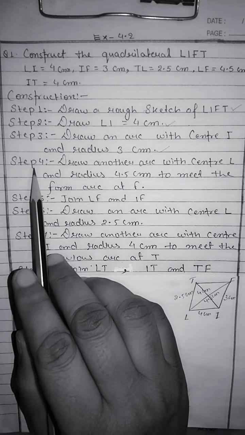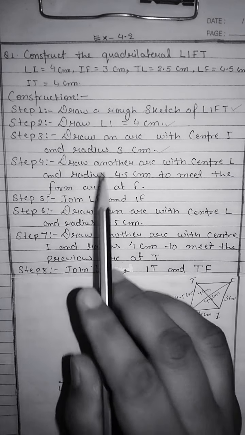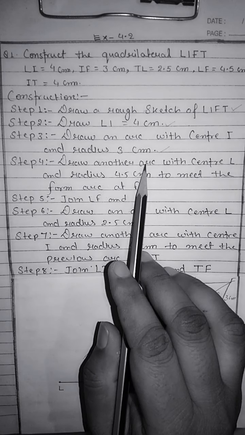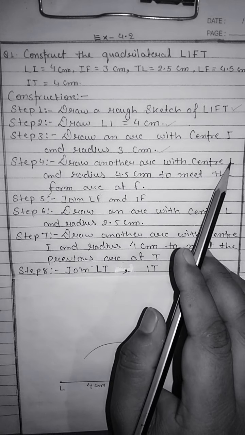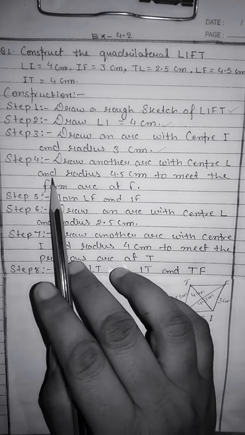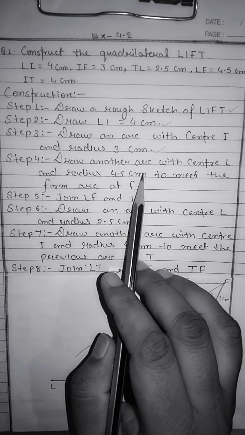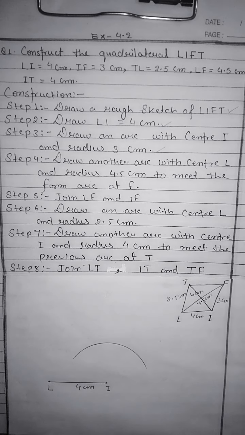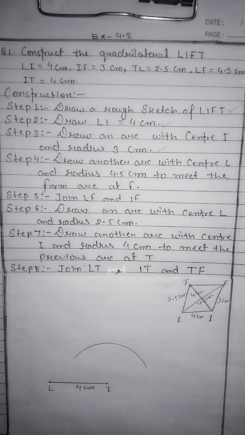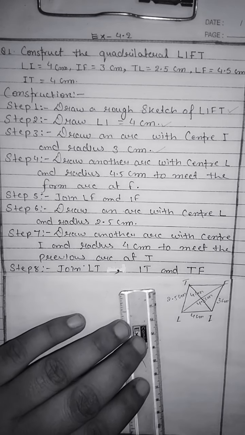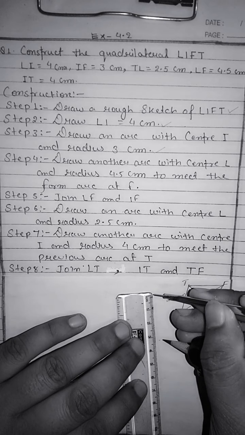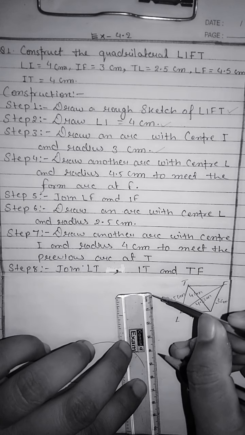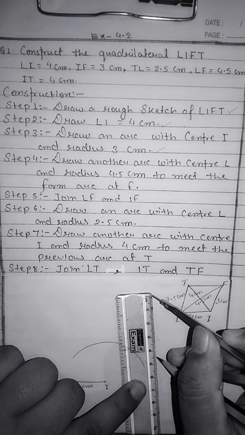Now read step number 4. Step number 4 is draw another arc with center L and radius 4.5 centimeter to meet the former arc at F. Means, first of all, take the measurement of 4.5 centimeter from the ruler.